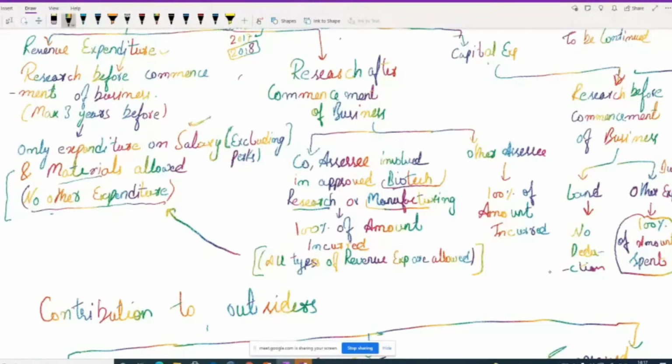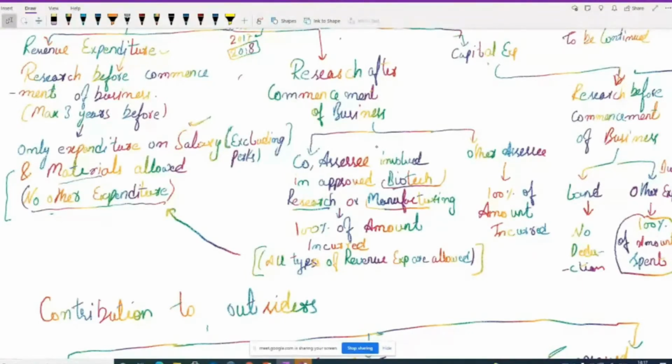Now we can move on to other SEC. You can see here it's only for biotech research and manufacturing, 100% is allowed.